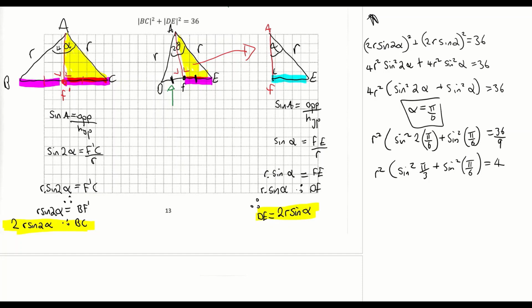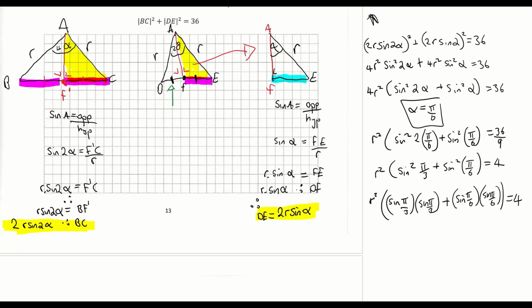My next step is I'm now going to write it out. I'd be using my calculator here, but just to explain what it means. Sin² pi over 3 basically means sin pi over 3 times sin pi over 3. That's what the squared means. And sin² pi over 6 is the same as sin pi over 6 times sin pi over 6. And that's all equal to 4.